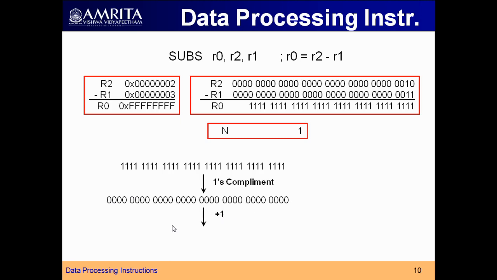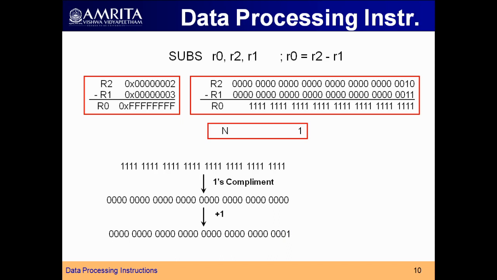So you will be getting 2's complement. So what are you getting? 0, 0, 0, 1. So actually 1, 1, 1, 1 is the 2's complement of 1. Right. So whenever you are getting a negative result in ARM, it will be represented by its corresponding 2's complement form. So the 2's complement of negative 1 is this one. So whenever the result is negative, it will be represented in 2's complement form.